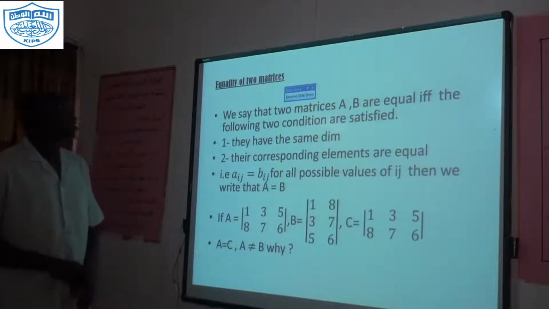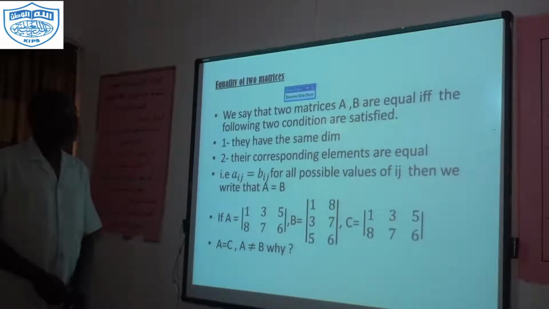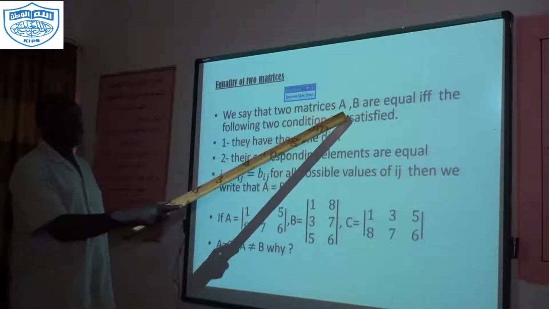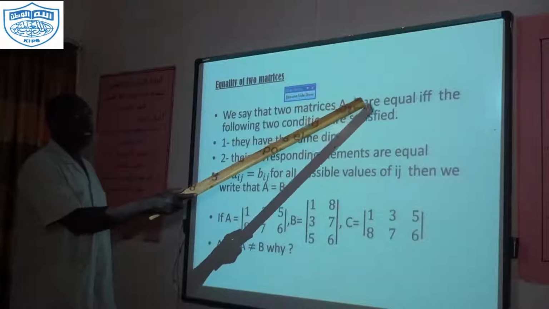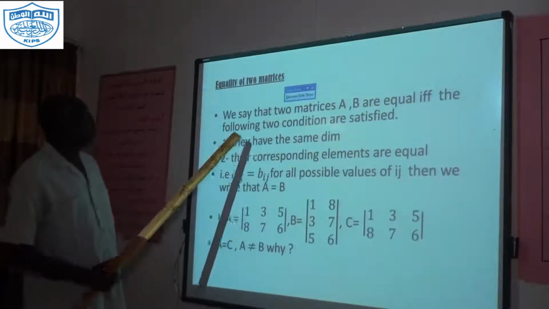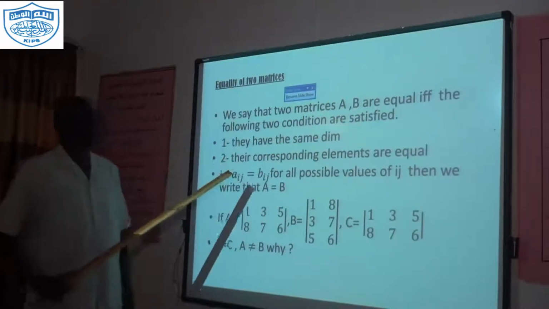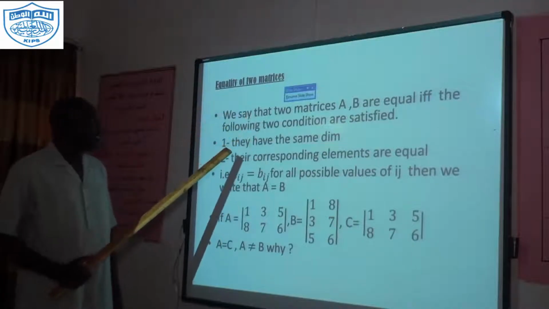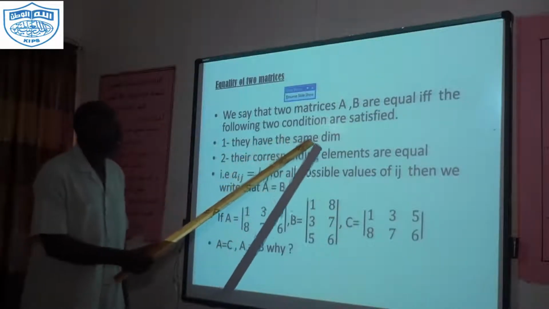We come to the equality of two matrices. We say that two matrices A and B are equal if and only if the following two conditions are satisfied. The first condition: they have the same dimension.